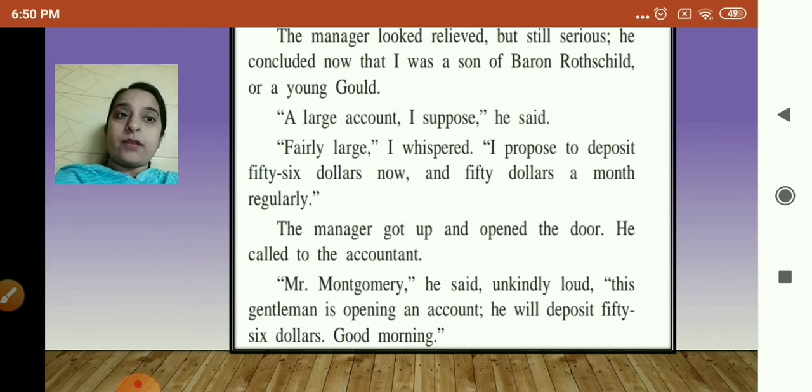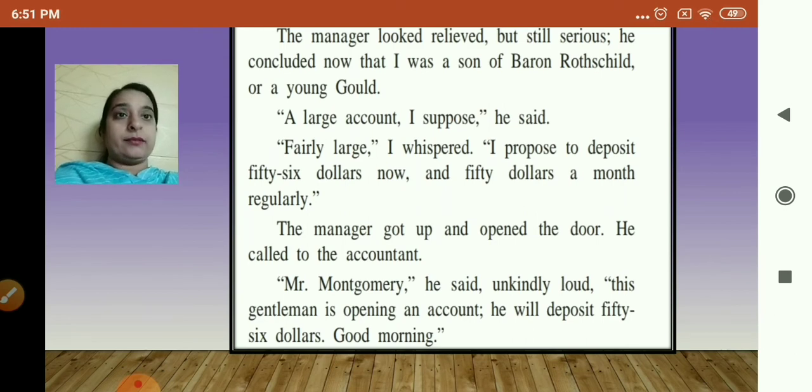"Mr. Montgomery," he said, unkindly loud, "this gentleman is opening an account." And how much will he be depositing? $56. He just wanted to deposit $56, and then the manager felt that whether he was a detective or a very wealthy man. When he heard that the narrator wanted to deposit only $56, he got very angry. So he called to the accountant and just informed him that he will deposit $56.